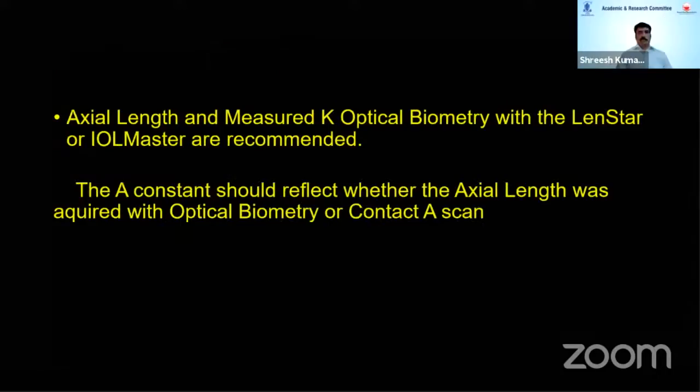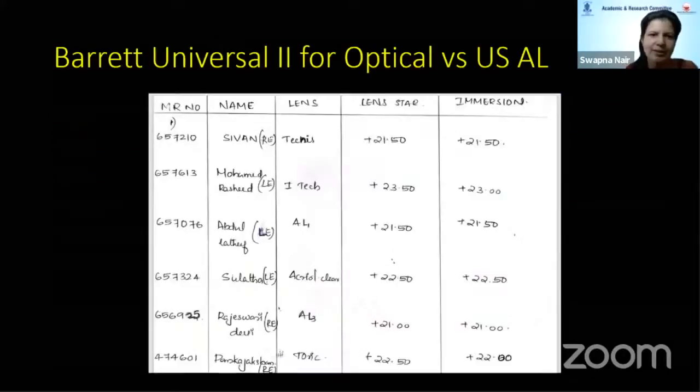Now, this slide is basically to highlight that this formula need not only be used with optical biometry, but is compatible with contact ultrasound A scan as well. I'll come to that a bit more later. This is part of a master chart from a study we did using Barrett Universal 2 for both optical as well as ultrasound axial lengths.